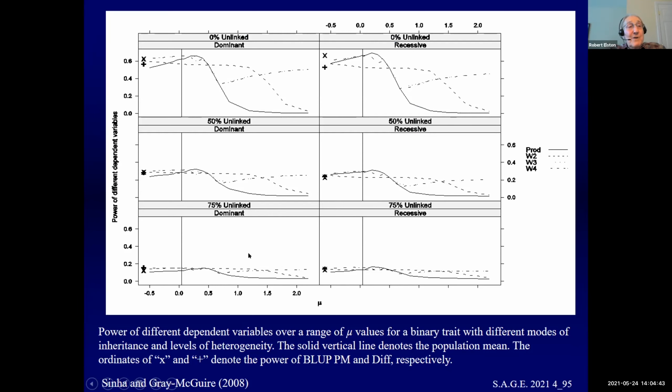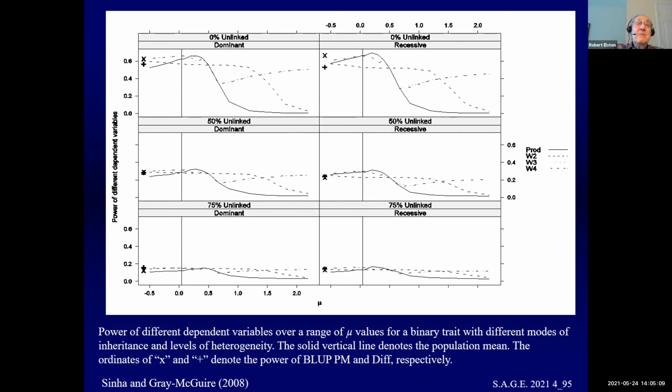But my take-home message from this paper is I would always use the BLUP. There you've got different lines, which you can't always see for W2, W3. W3 and W4 overlap, and so you can't see them. And you can see here the population mean when you use it. Anyway, I personally don't think this paper is very helpful.